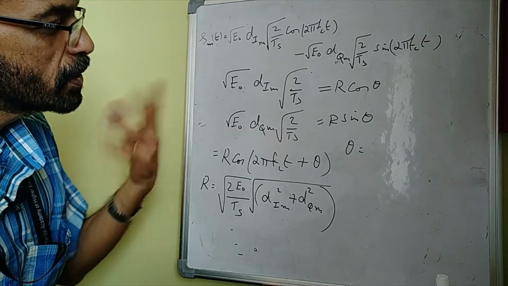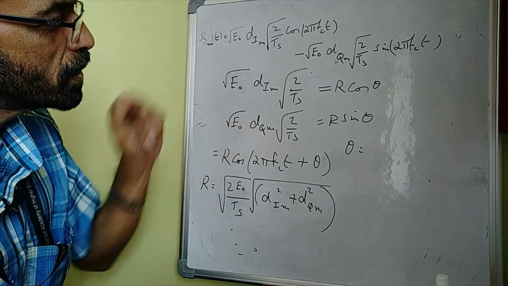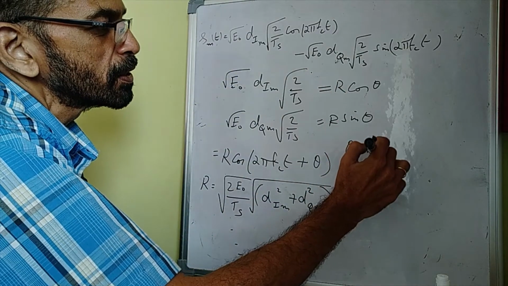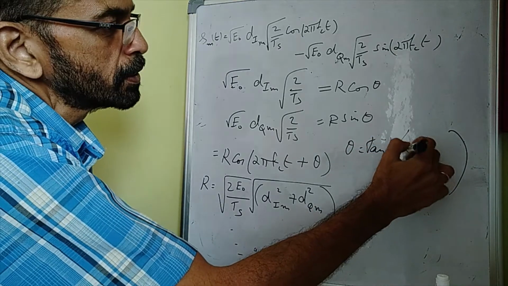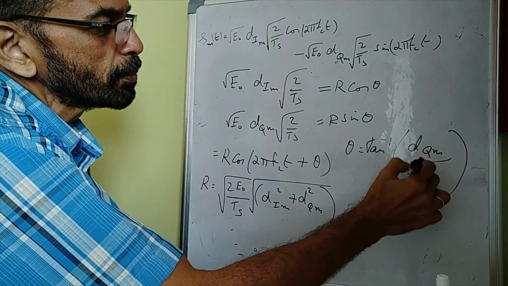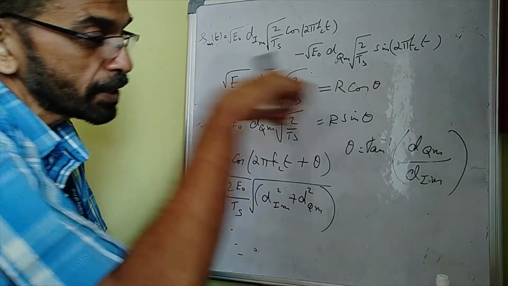These will cancel off, and tan theta being dqm by dim, theta will be tan inverse or arctan dqm by dim.